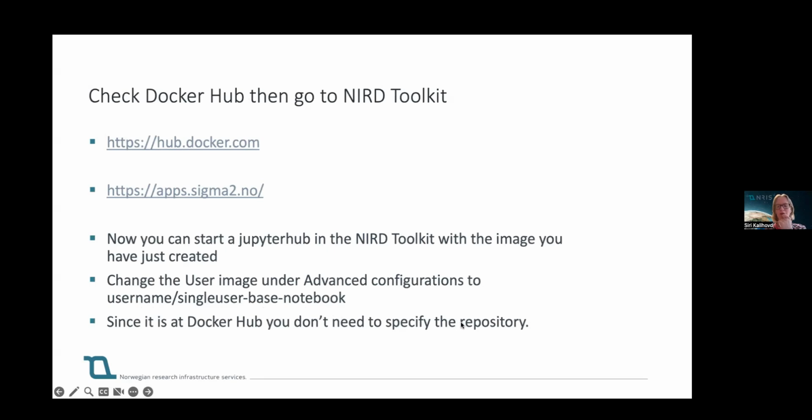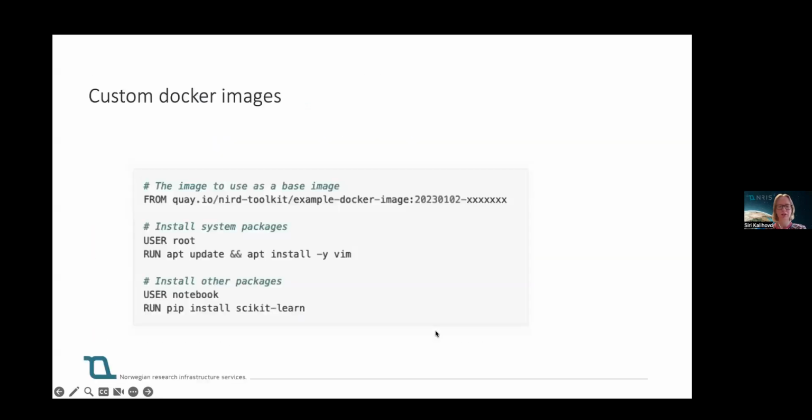Yeah, if you pick another repository, you need to have the repository name also in the description. So here we have an example for another repository, which is Quay. Quay is also a repository where you can put Docker images publicly.